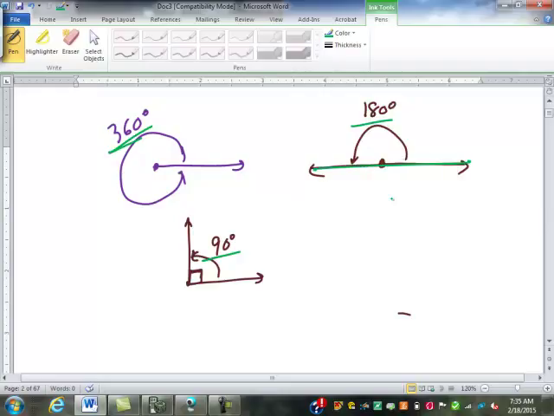We know this is half of 360. This is a quarter, or 1/4, of 360. All of our other angles are defined in the same way: what fraction of a full turn are they? Let's say this here is 1/12 of a full turn, so it's defined to be 30 degrees. Or 1/15 of a full turn might be defined, whatever that comes out to be.